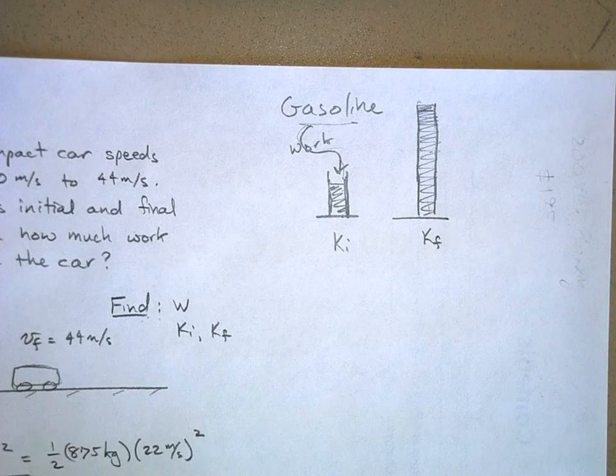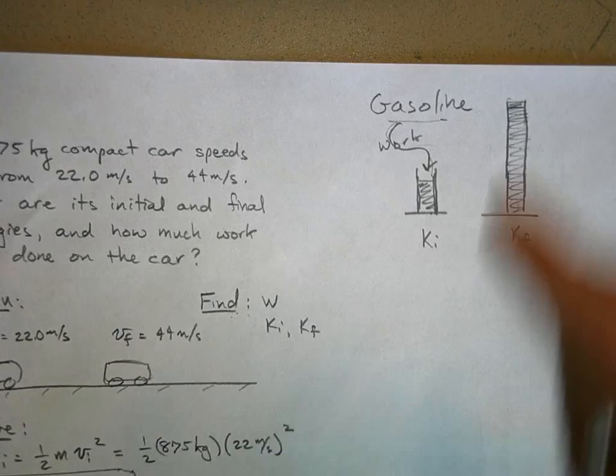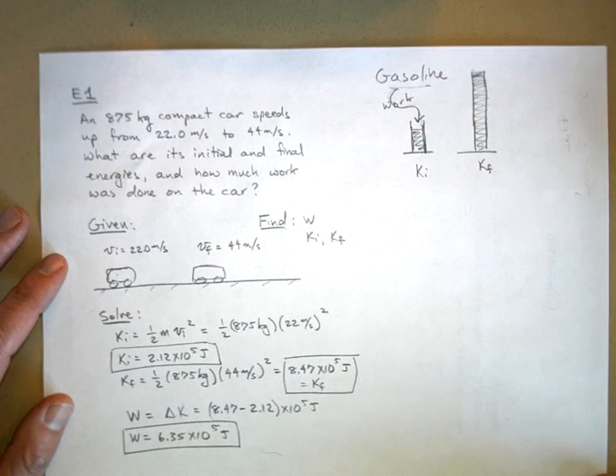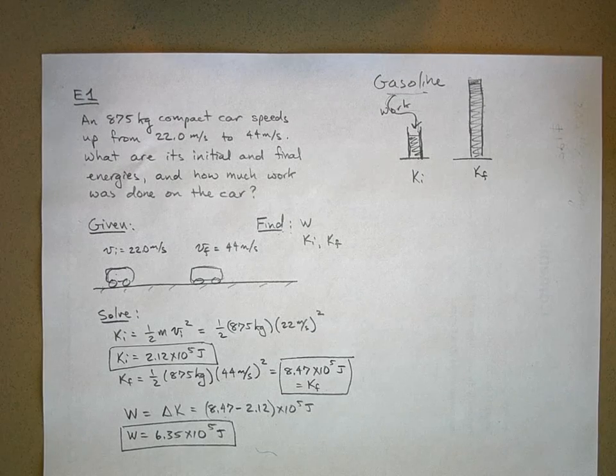That's just a way of visualizing what's going on. The bar chart thing helps, especially when we get to more complicated problems a little bit later. Okay, let me zoom all the way out. So this is your first example problem, and now you have it all done. Any questions?